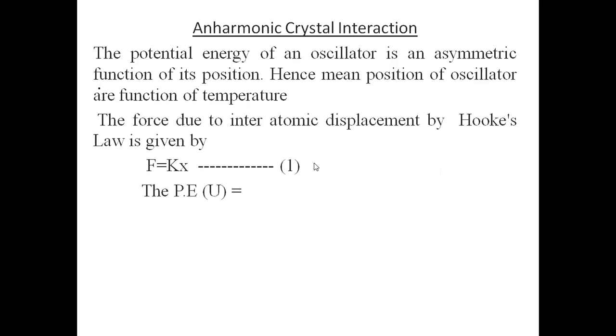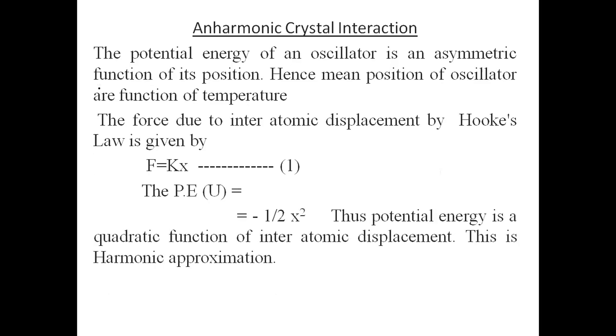From this, the potential energy of the harmonic oscillator, U, is equal to minus the integral of F dx, which gives 1 by 2 Kx square. Thus the potential energy is a quadratic function, a second order function of linear atomic displacement. This is the harmonic approximation.